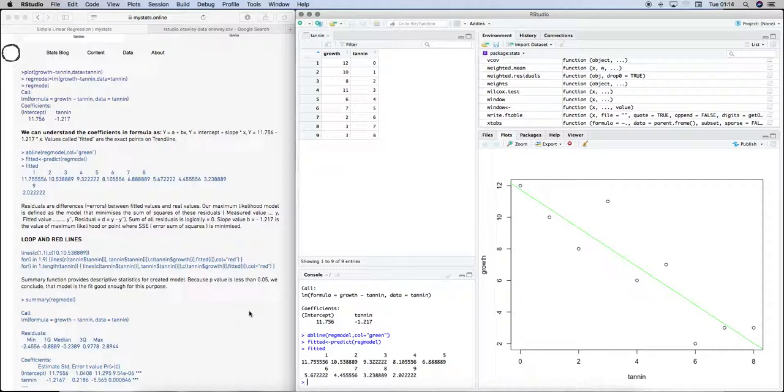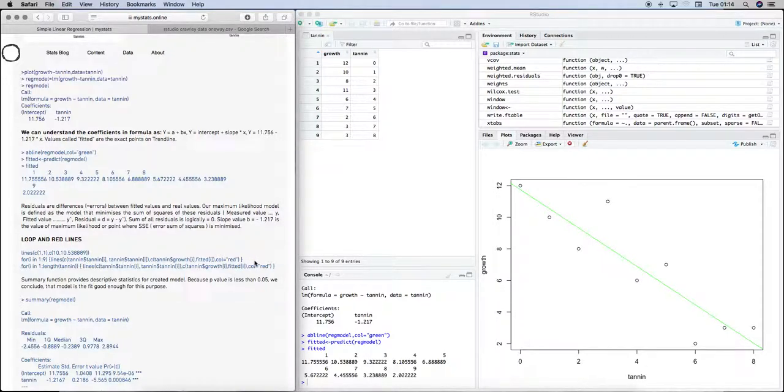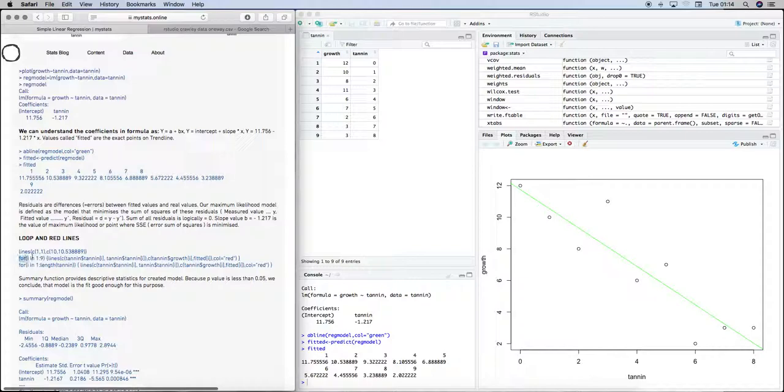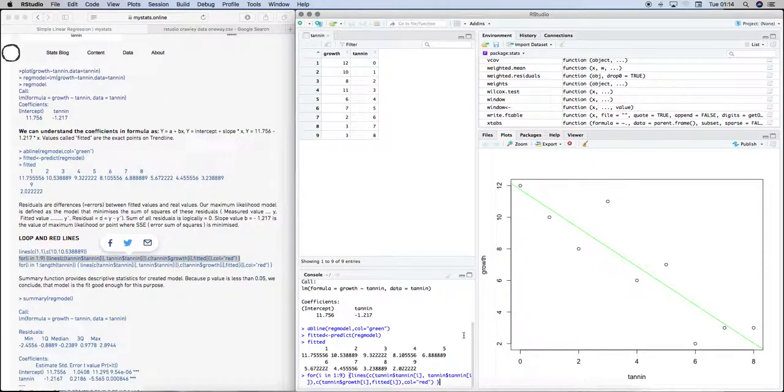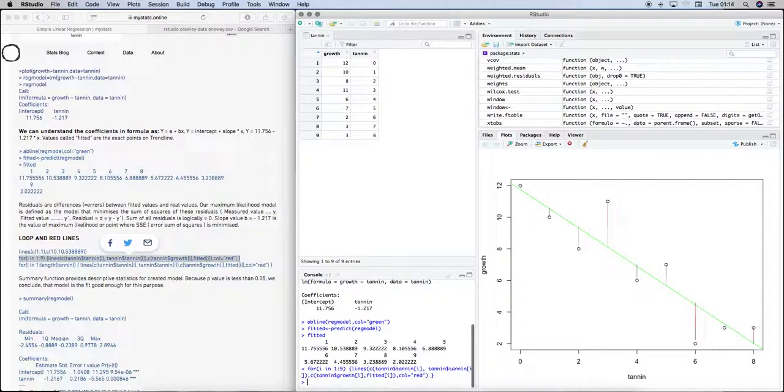For this we can use a loop, for example this one in the middle, and from the first to the ninth, the last observation, let's create a line between the exact point and the fitted green line, and let's make these lines red.